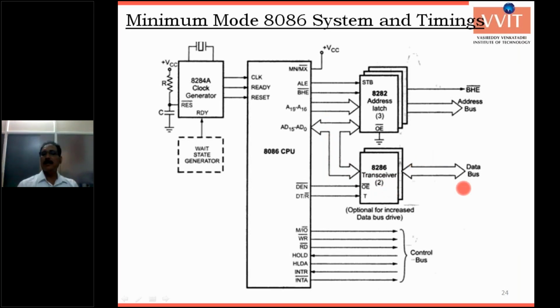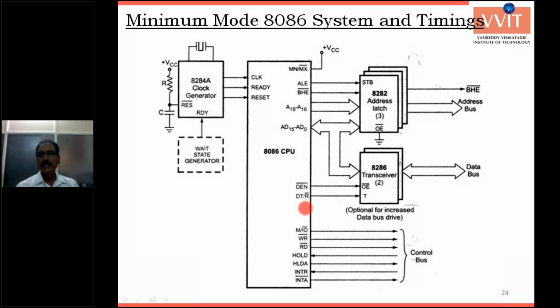This is indicated for the transceiver, transmitting and receiving. That is bidirectional. Transmitting or receiving is controlled for AD0 to AD15 via DT/R bar and DEN bar.